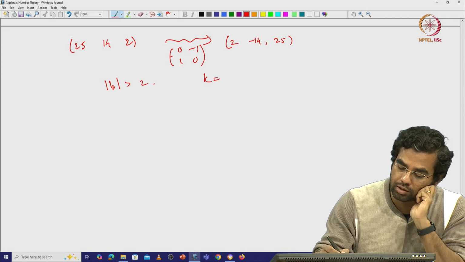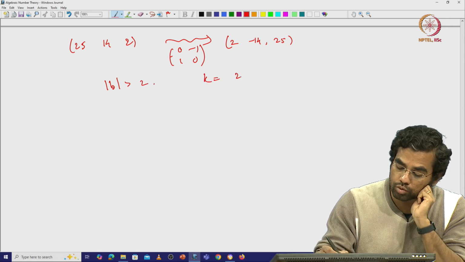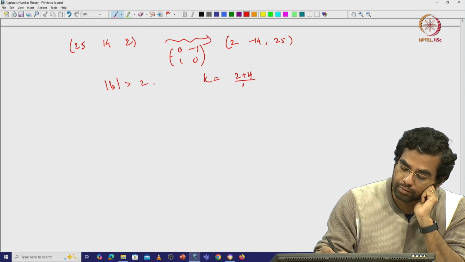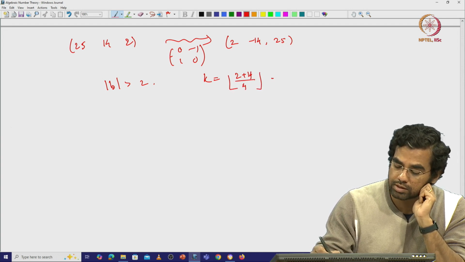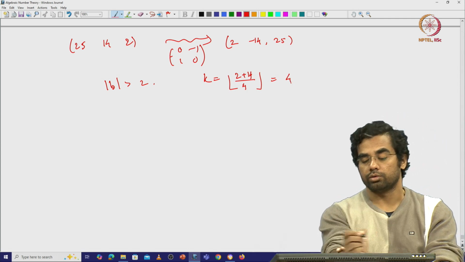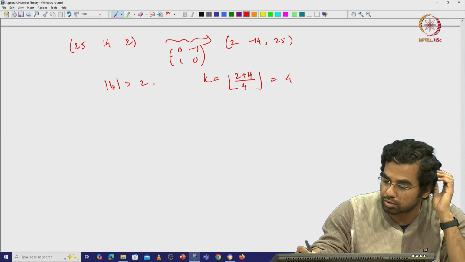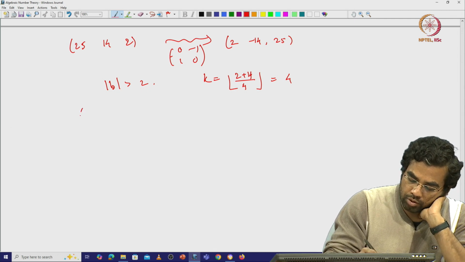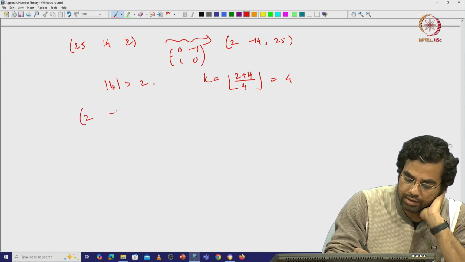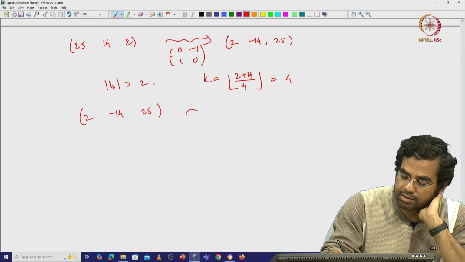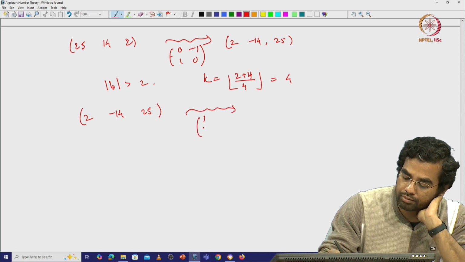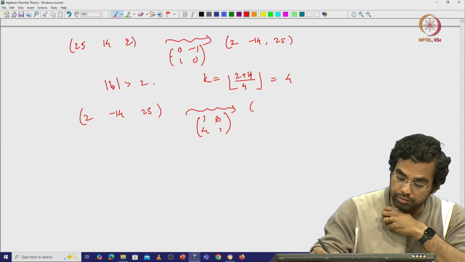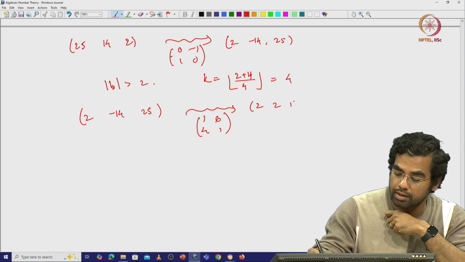So, you take k to be the floor of (2 plus 14) by 4, which is exactly 4. In fact, it is an integer, but anyway. So, 2, minus 14, 25 is equivalent, using 1, 4, 0, 1, to 2, 2, 1.